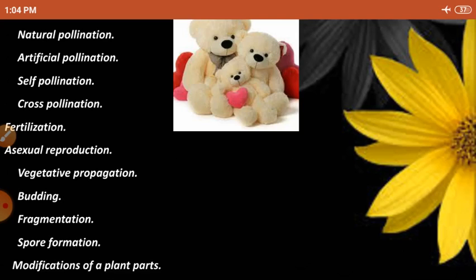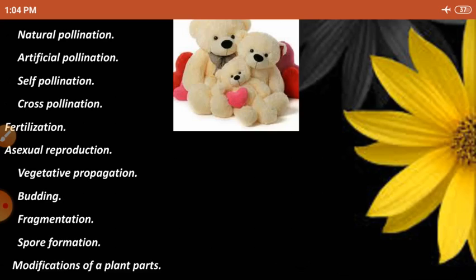These are called natural pollinators or agents of pollination. Artificial pollination is the pollination process not done by nature, which means if we are transferring the pollen grains of one plant to the stigma of another flower, that is called artificial pollination.